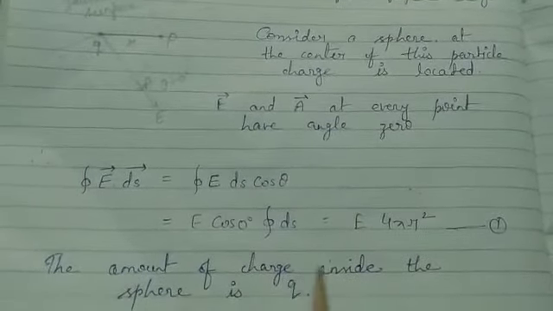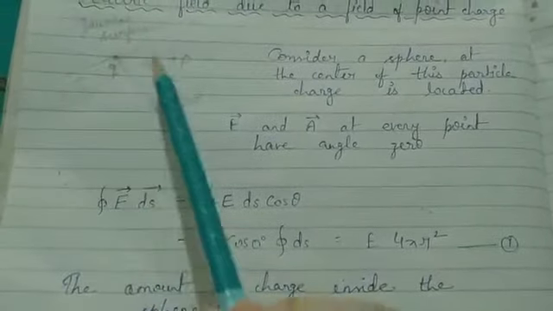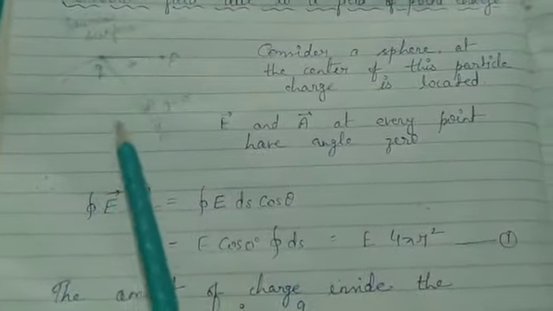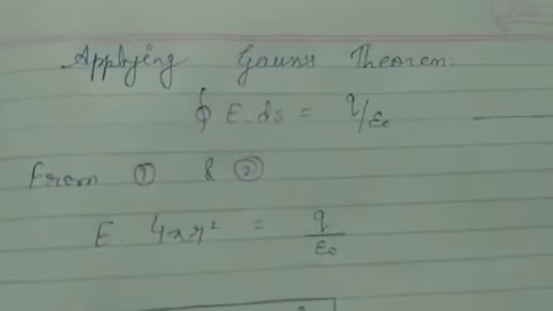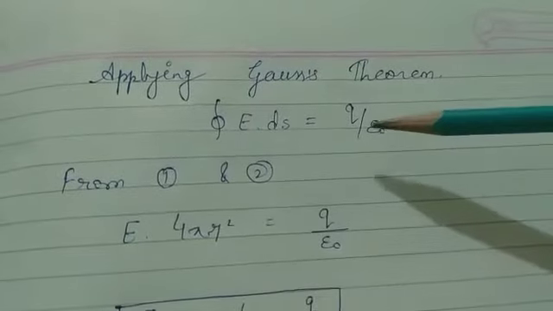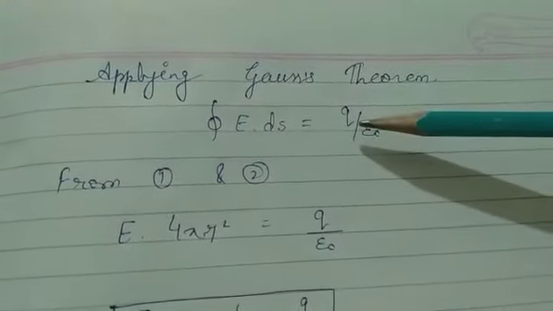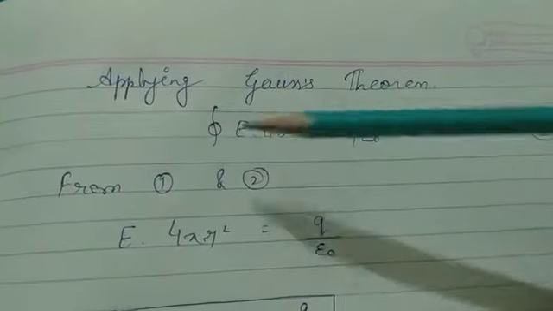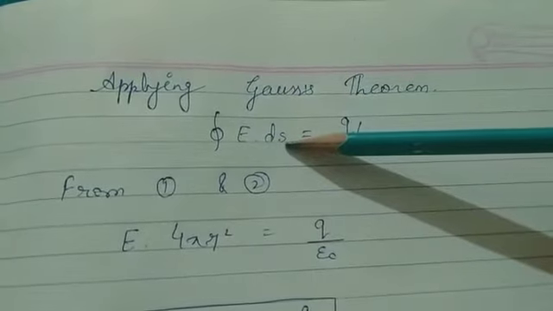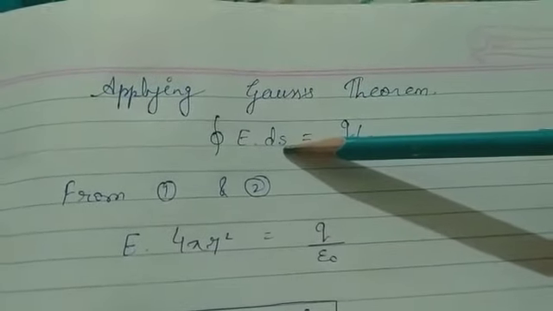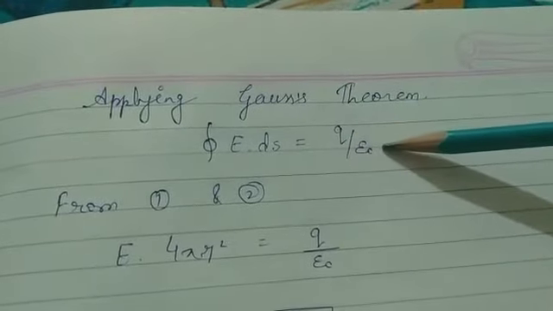The amount of charge inside the sphere is q. Okay, the total amount of charge inside this sphere is q. Now, if the total charge enclosed by this surface is q, then according to Gauss's theorem, the closed surface integral of E dot ds, that is the total flux passing through this Gaussian surface, is equal to q upon epsilon naught.